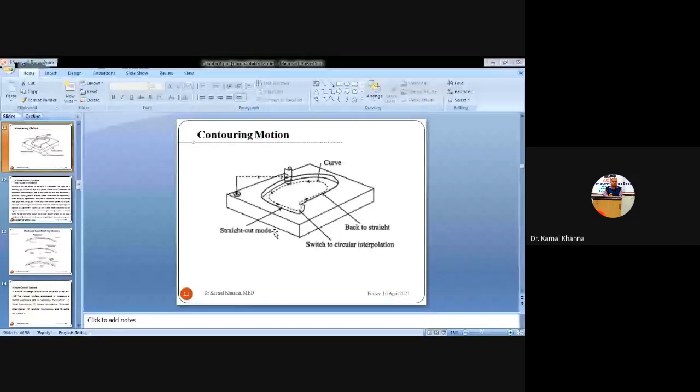We have divided this complex path of the tool into different kinds of segments. This is a straight cut. Here we have divided this portion into a straight cut, so we have a line segment or line interpolation. Here again we have linear or line interpolation. Here we have circular interpolation.